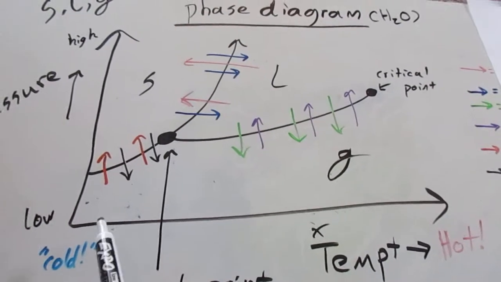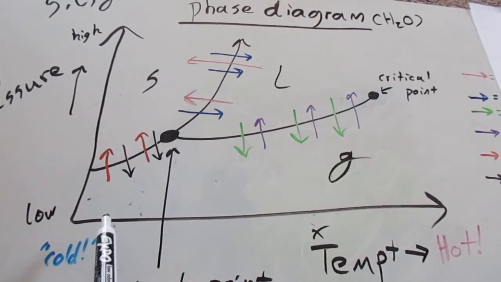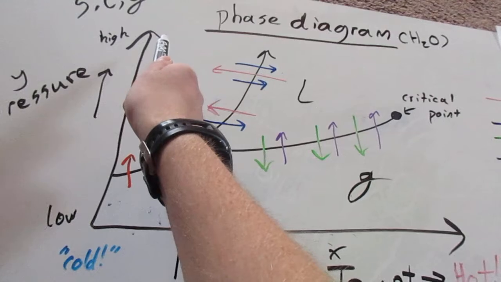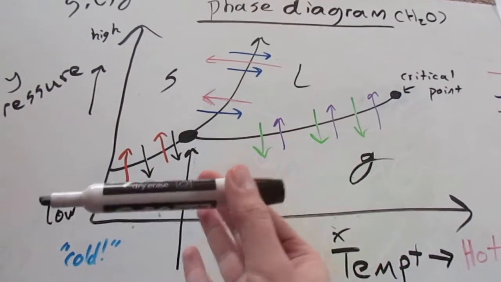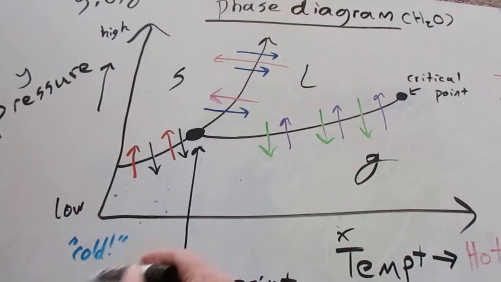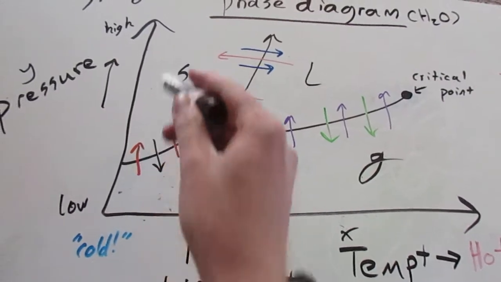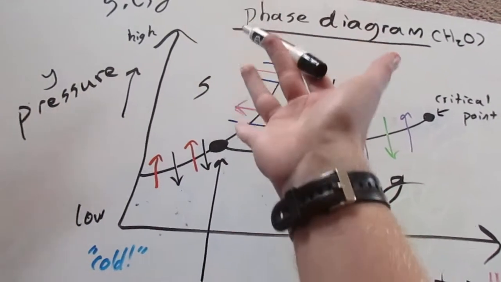So for example, if you have a really low temperature and a really high pressure, it should be a solid, right? Because if your particles are super, super close together, not moving a lot, and you're squeezing them a lot, it's going to be a solid.